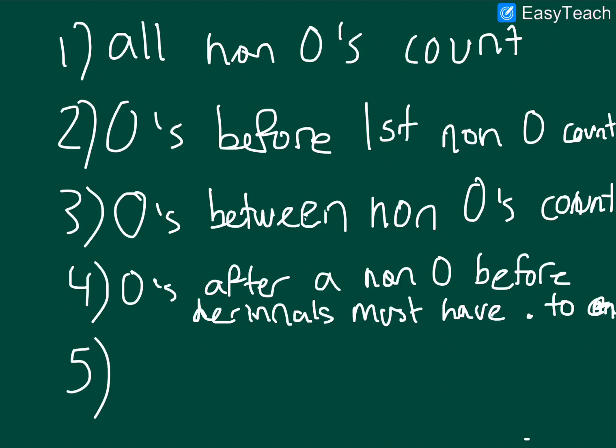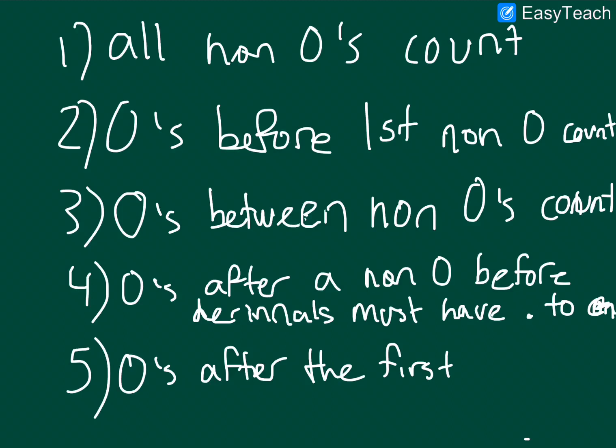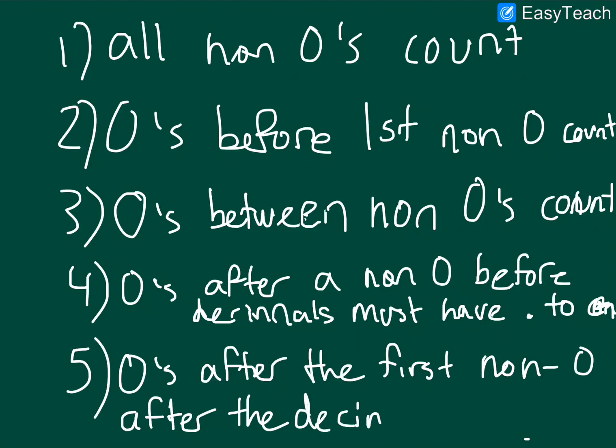Bear with me. And then finally, zeros after the first non-zero, zeros after the first non-zero after the decimal always count. Excuse that last part. I'm running out of space.